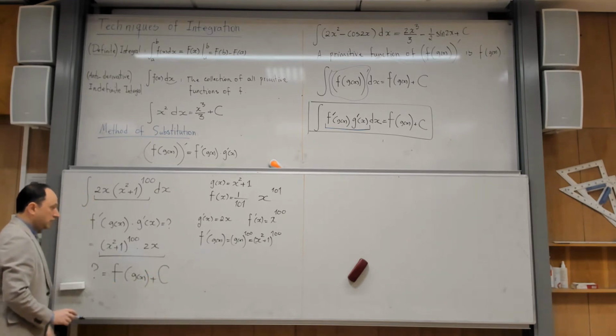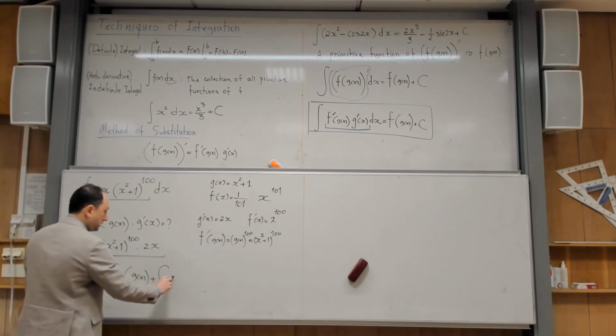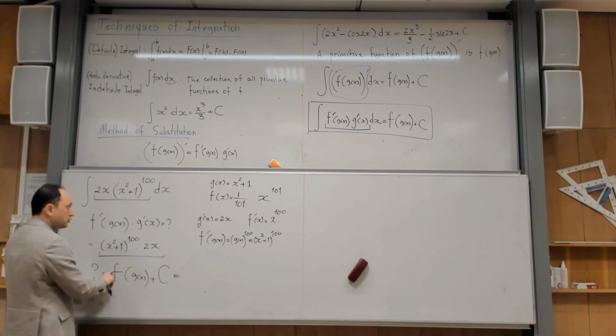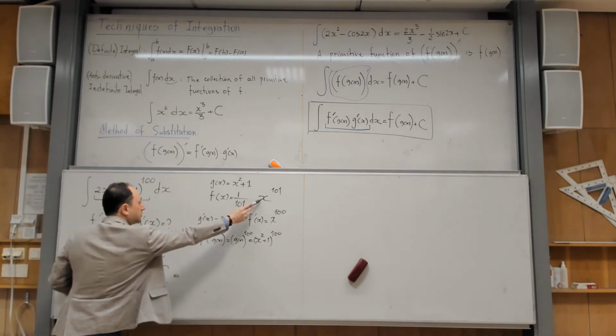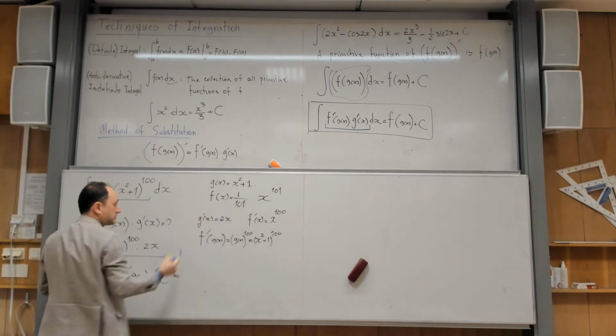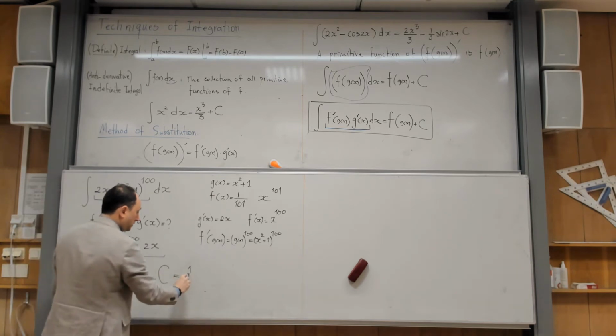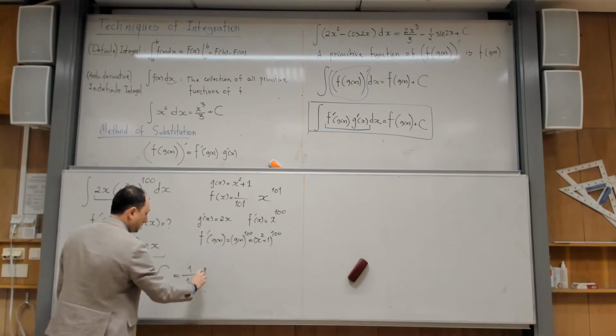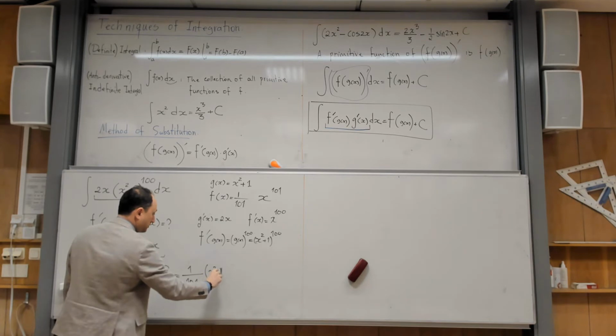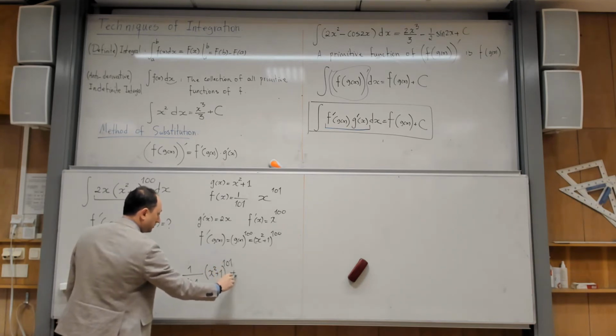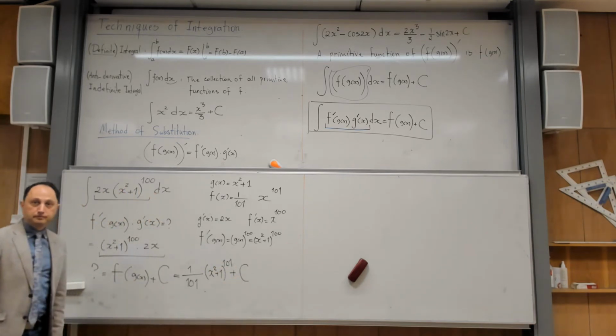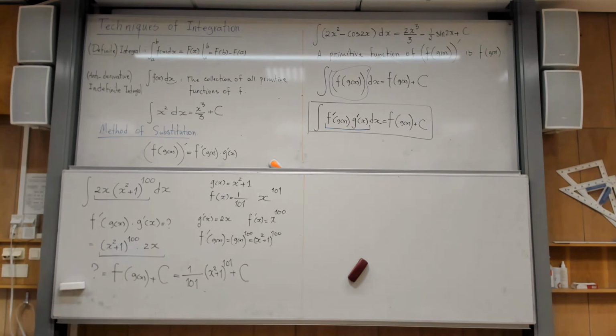But let me just write what is f of g of x. f of g of x means to go to f and replace x with g of x. So the answer would be 1 over 101 times x squared plus 1 to the power of 101 plus a constant c. And so that is all functions whose derivative is equal to that.